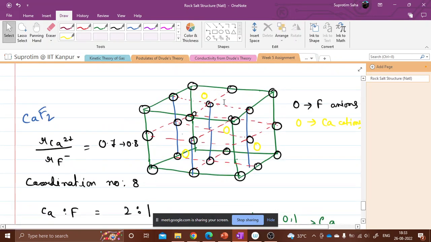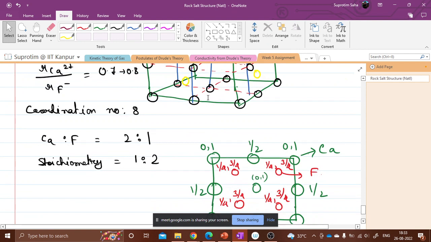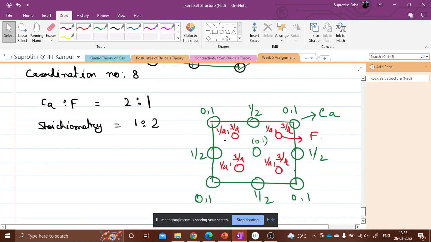So what happens is that the fluorine ions will form two interpenetrating FCC lattices, and so do the calcium cations, right? So there are three interpenetrating FCC lattices, and if you just shift it by 1 by 4, the fluorine ions sit at the corners and at the edge centers, right?